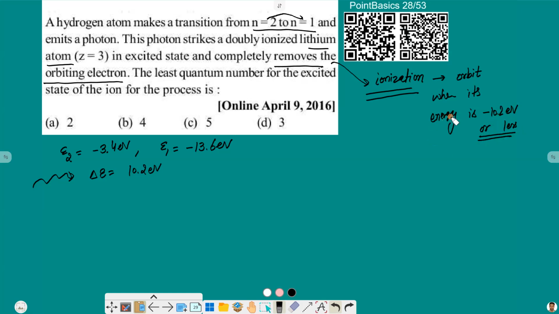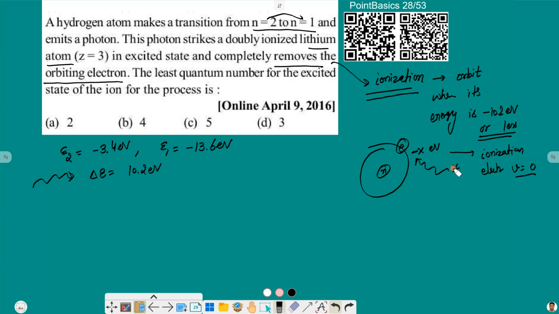Because in case of ionization, suppose this is the nucleus and this is an electron, and its total energy is minus x electron volt. If we strike a photon of x electron volt on this electron, what will happen? We will have ionization, and the electron velocity after ejection will be 0.